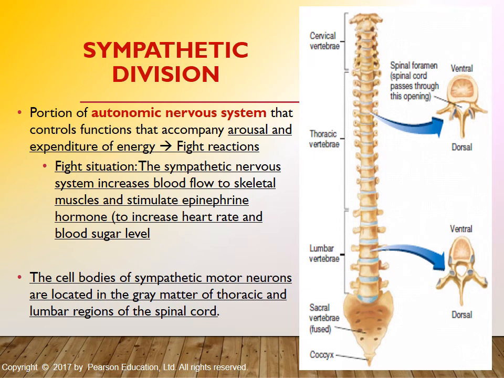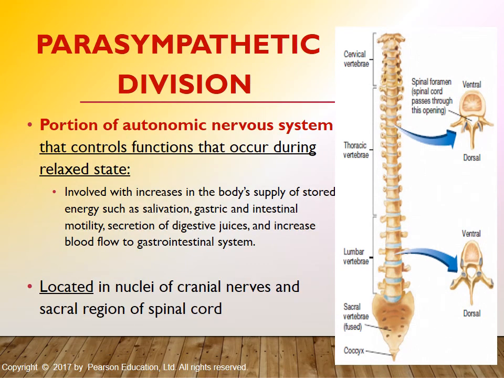It is involved in the sympathetic nervous system that increases blood flow to skeletal muscle and stimulates the epinephrine hormone to increase our heart rate and blood sugar level. The cell bodies of sympathetic motor neurons are located in the gray matter of the thoracic and lumbar regions of the spinal cord.